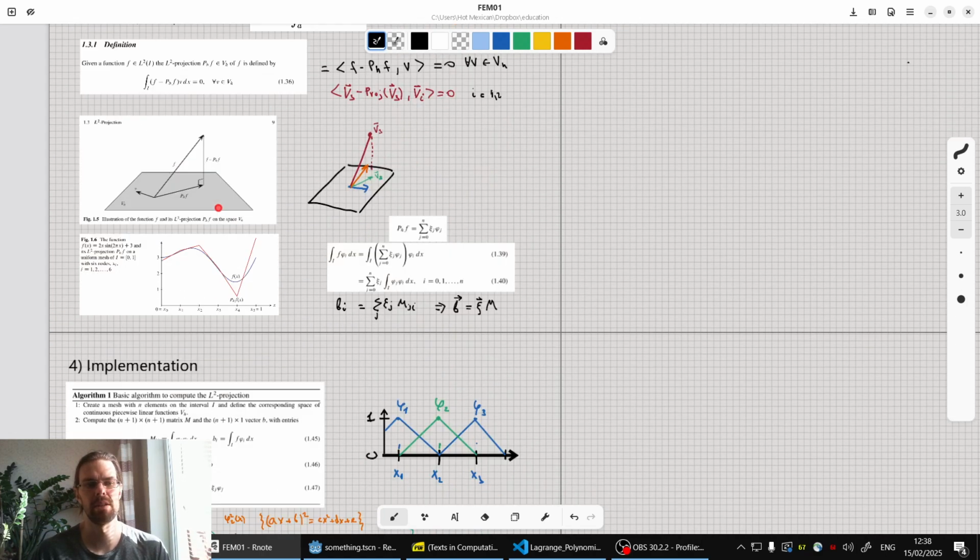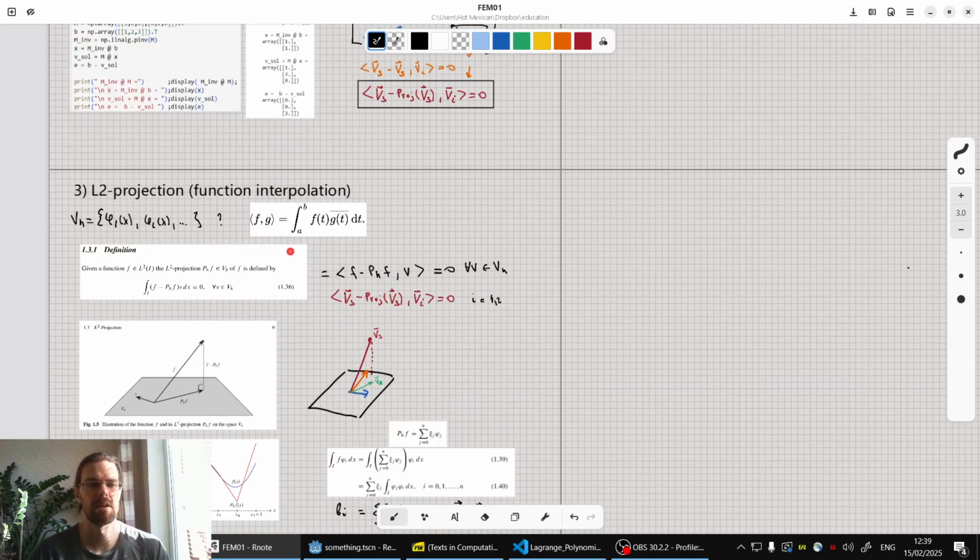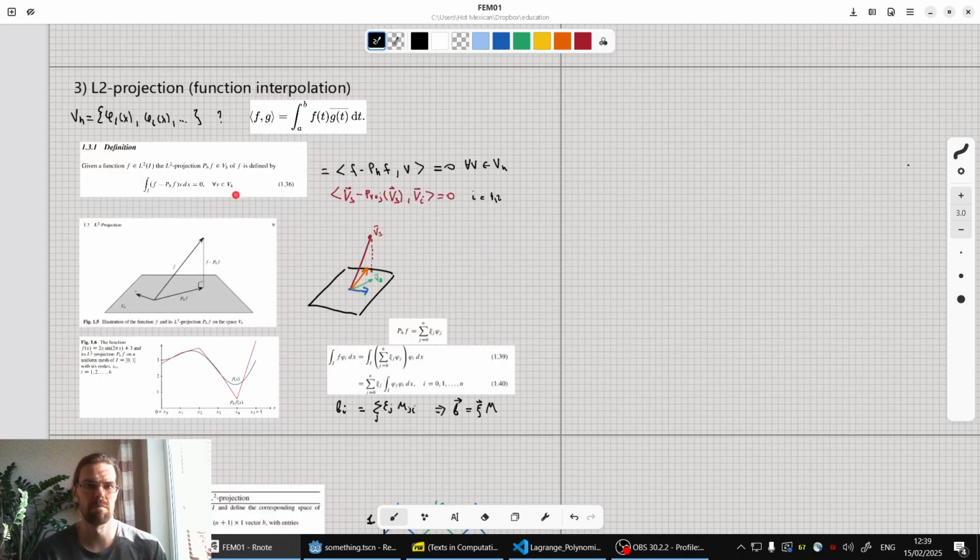So it is about making approximations to functions, and in a sense, that's what FEM does. It searches for a solution that satisfies a set of equations, like many numerical models. But in this function space, it's very abstract.